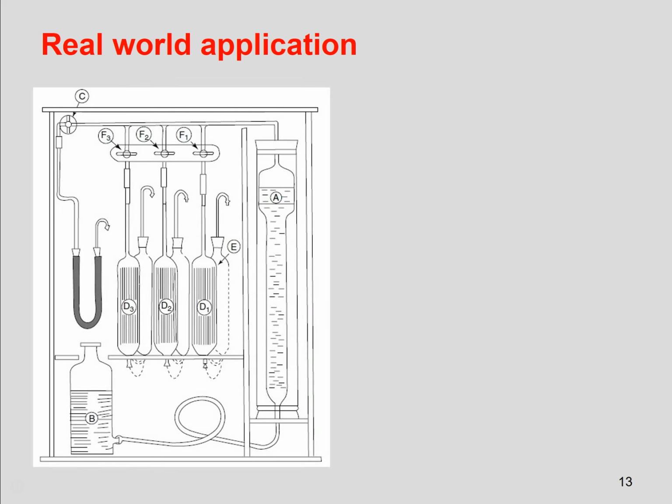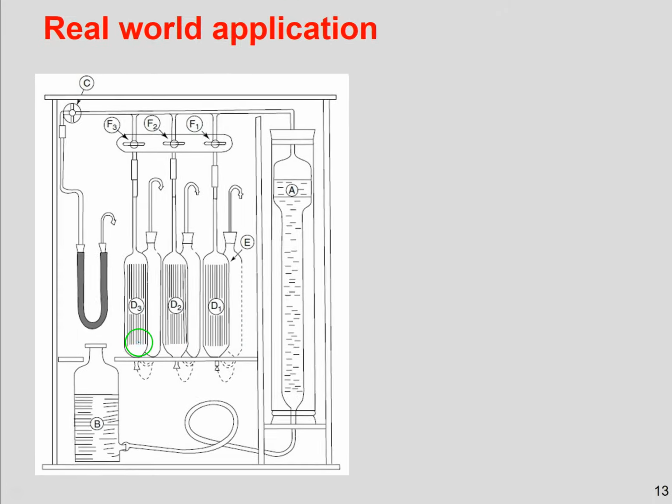Before we finish, let's look at a real-world application. This machine is called the Orsat analyzer, and this was used to analyze flue gases, that means exhaust gases from combustion. In each one of these, we have different substances. We have potassium hydroxide here, alkaline pyrogallic acid, and ammoniacal cuprous chloride.